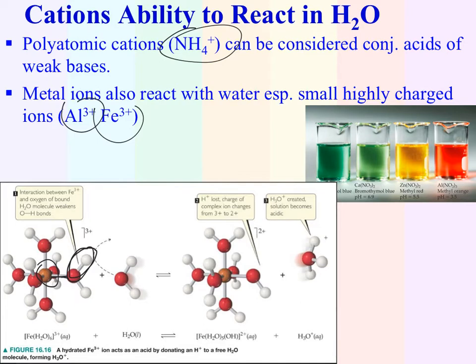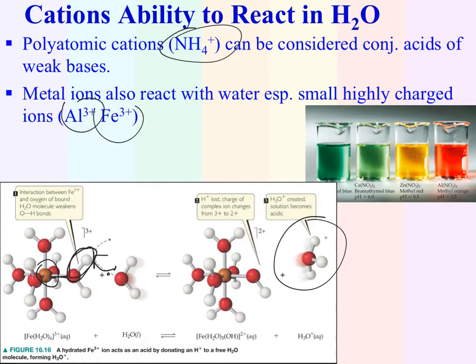Because it becomes more ionizable, the lone pairs on the water molecules that are still floating around can come along and abstract that hydrogen. When it abstracts that hydrogen, it subsequently puts H3O+ in solution and decreases the pH of the overall solution.